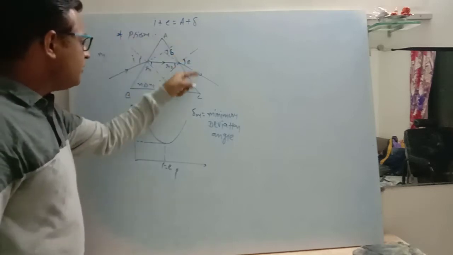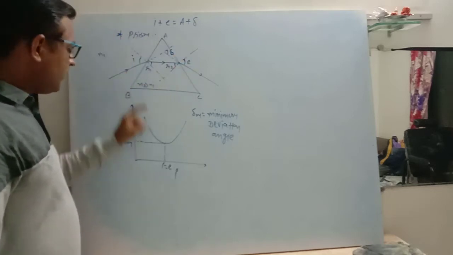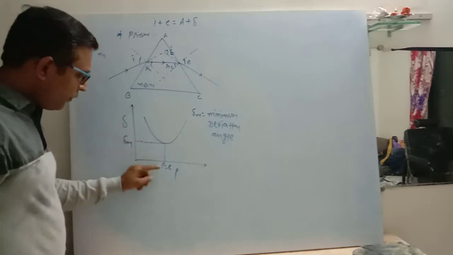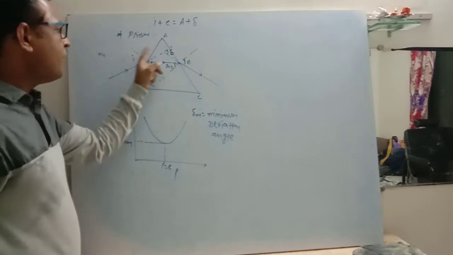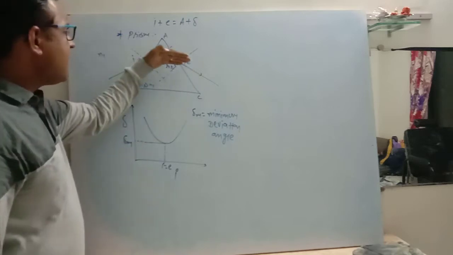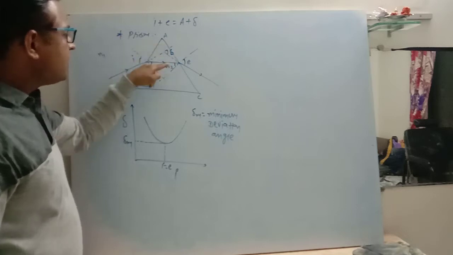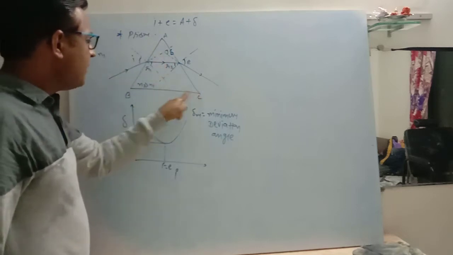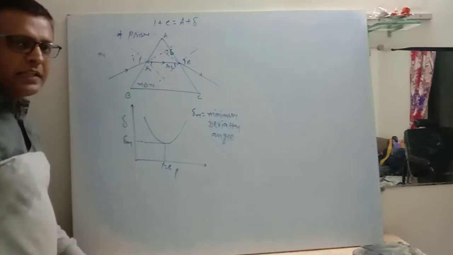Remember this: whenever the deviation angle is minimum, the angle of incidence and angle of emergence are the same, and whenever both are same, the ray inside the prism remains parallel to the base.